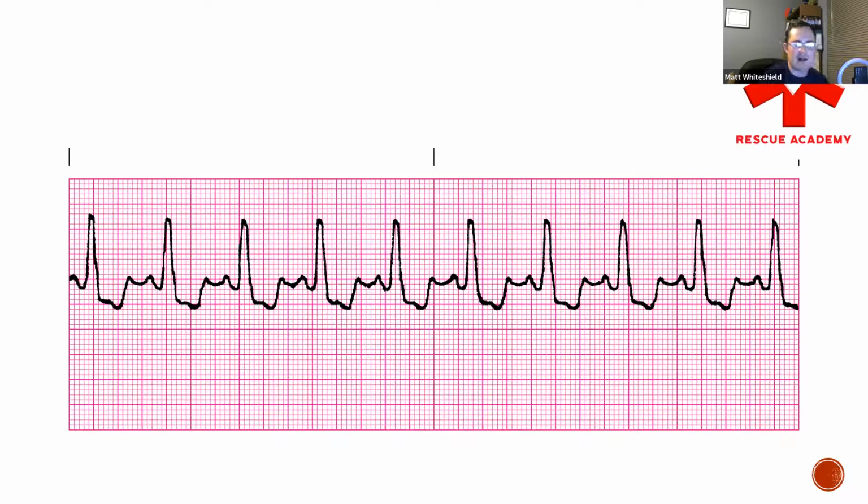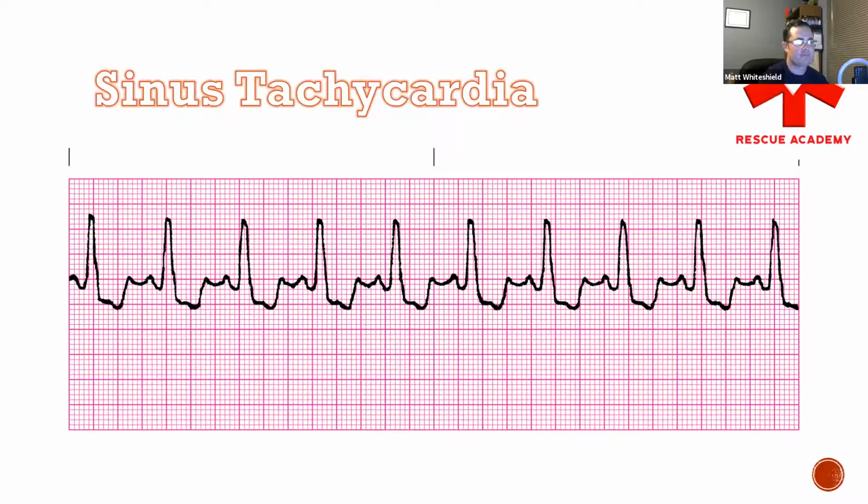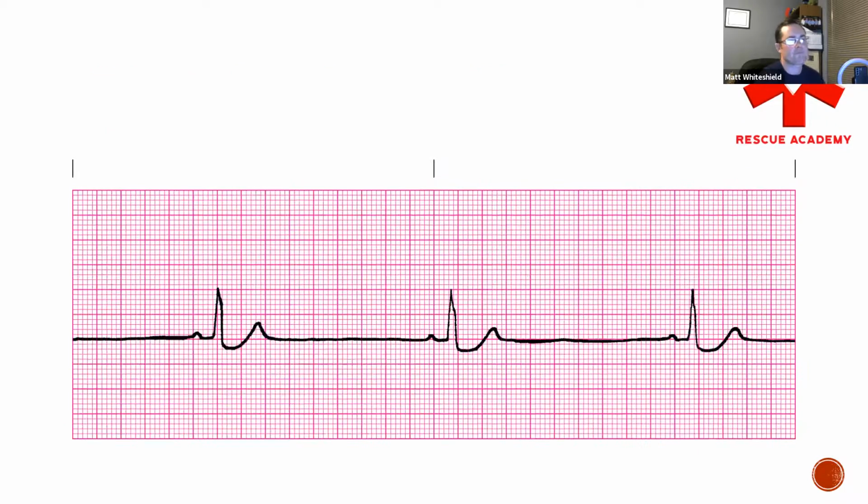Because it's only 3 boxes in width. Even though there is depression, we're not actually looking at a 12 lead EKG, so we're not reading that. But this is still considered sinus tach. Let's take a look at what we got here. A rate of 30, upright P waves, narrow QRS complexes, sinus Brady.